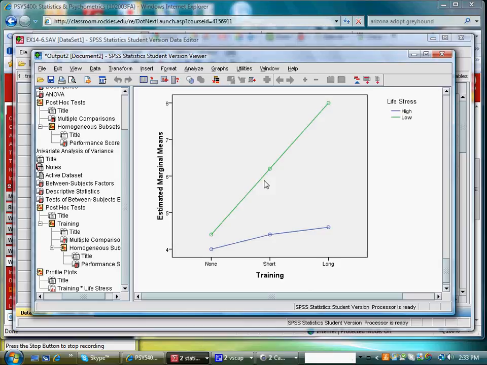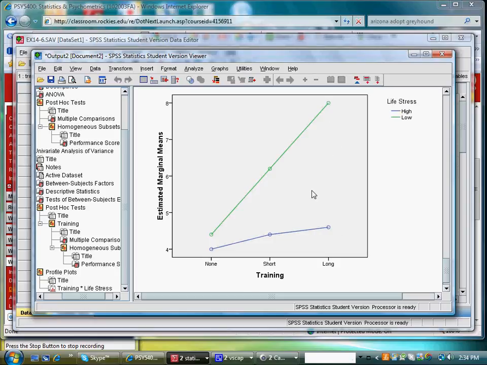Now we actually have to do some more follow-up tests to figure out if this is in fact significant. We're not going to cover those in this class, but you can start to get a suggestion that, because that interaction is significant, the effects of training are different depending on whether you have high life stress or low life stress.